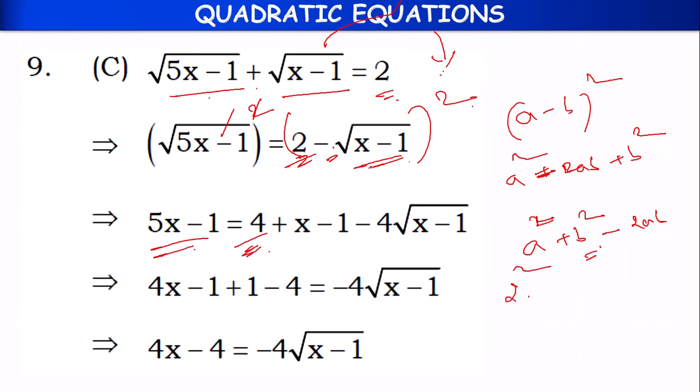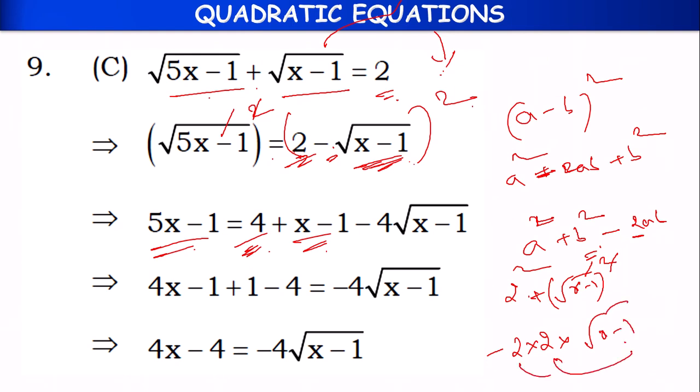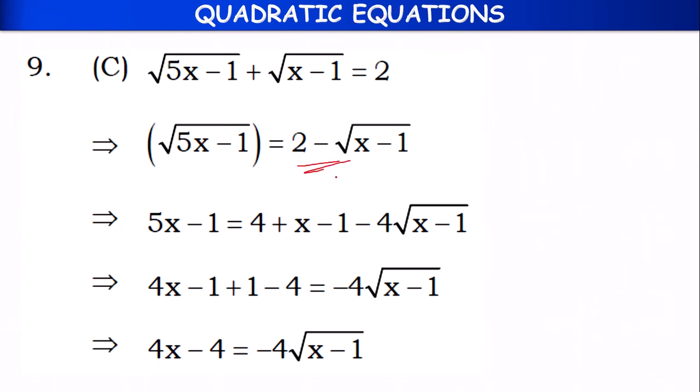In the place of b we have root of x minus 1 whole square, root gets cancelled, x minus 1. In the place of minus 2ab, 2 into a value 2, into b value root of x minus 1, which is equal to 2 into 2, 4 root x minus 1. So after expanding this, we have got this.